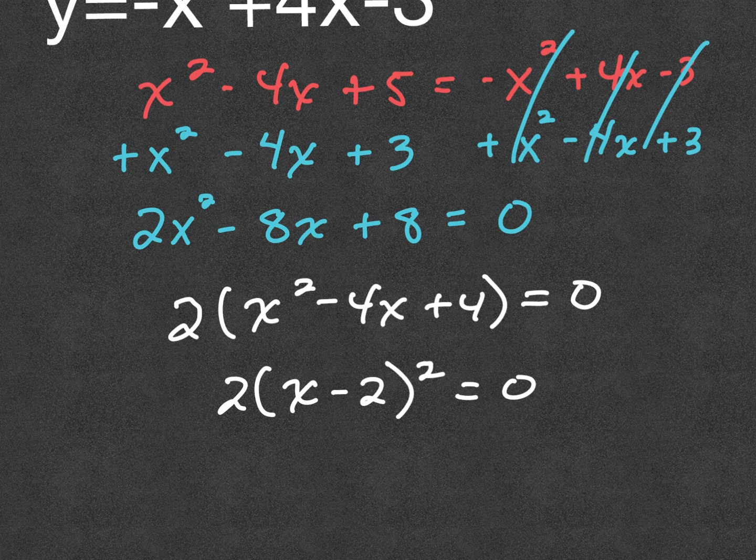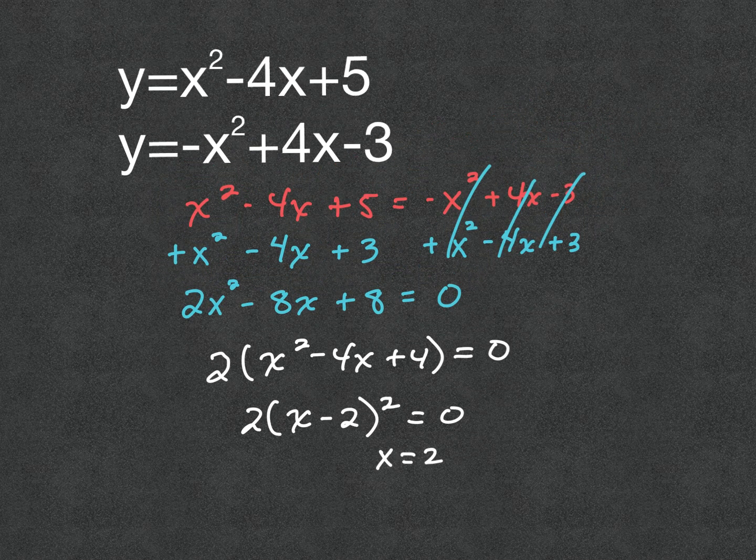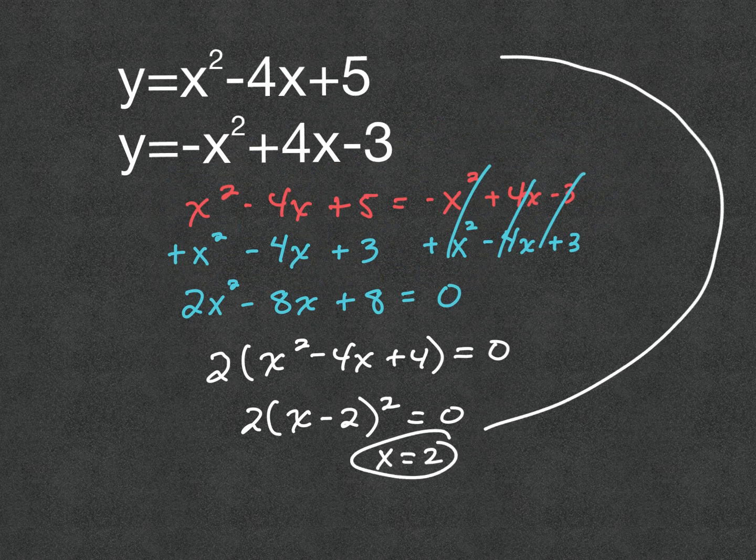It's one binomial squared. Well anyways, we get x equal to 2. Now if I put that value back into the original, into this one, I get 2 squared minus 4 times 2 plus 5. What do I get here?